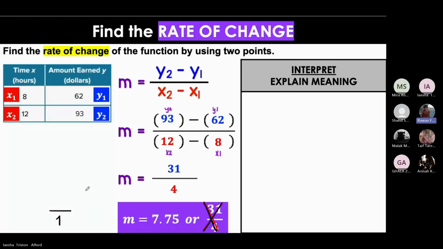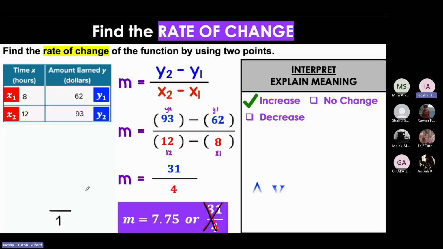So now, explain the meaning. Increase, decrease, or no change? Increase. How do you know it's increase? Because positive. Good, the slope is positive. Then we're doing change in y over change in x.